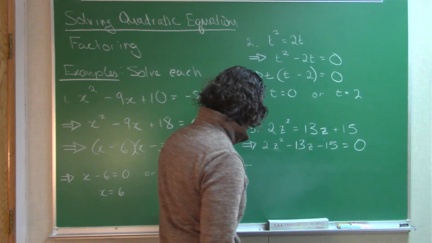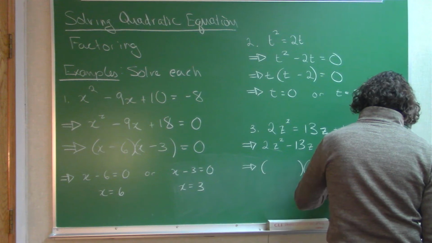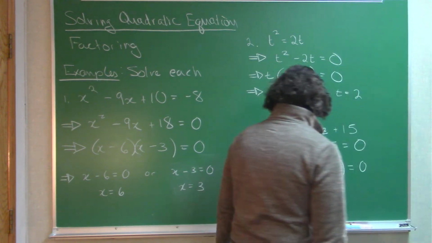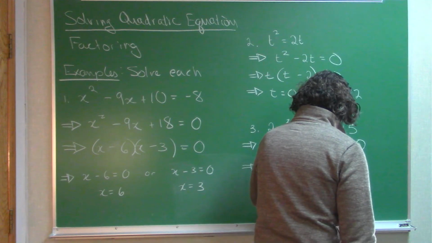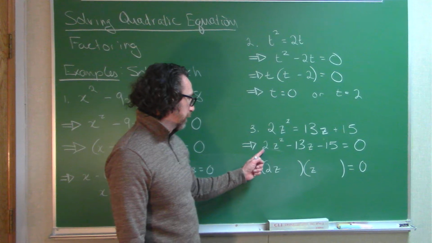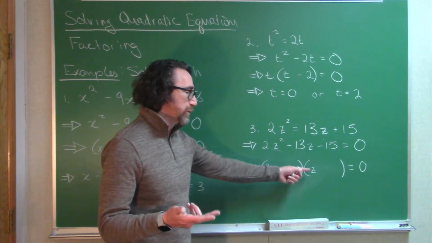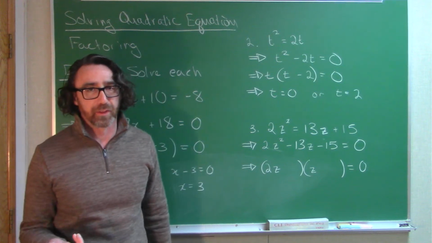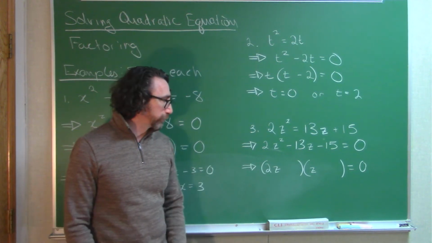Now, what I'm doing at this stage is I'm thinking about my factors here. My leading terms are going to be 2z and z. Notice I've got to have one of these with a 2 because that's the only way for me to get 2z squared in the expanded version.